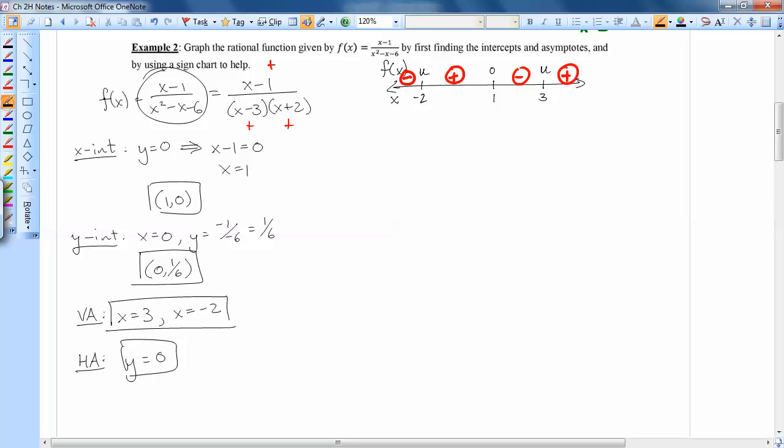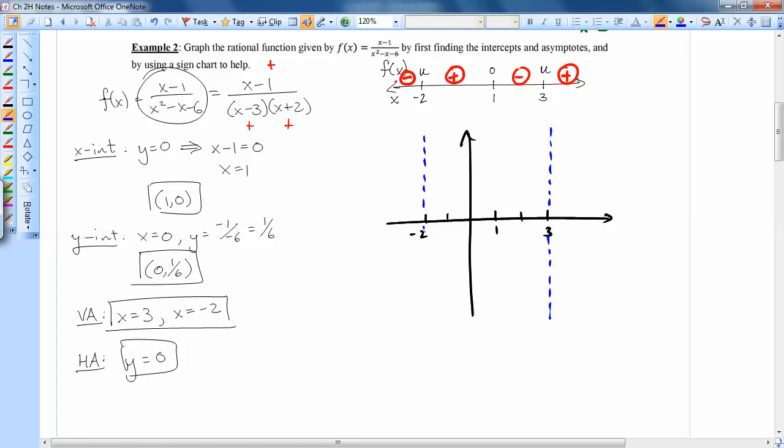So now let's graph the thing. So here we go. Here's 3, here's 1, here's -1, -2. I know that I have asymptotes at 3 and -2, so I'm going to label these x equals 3, x equals -2.